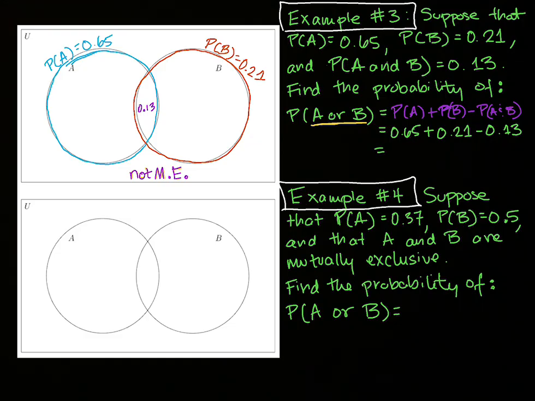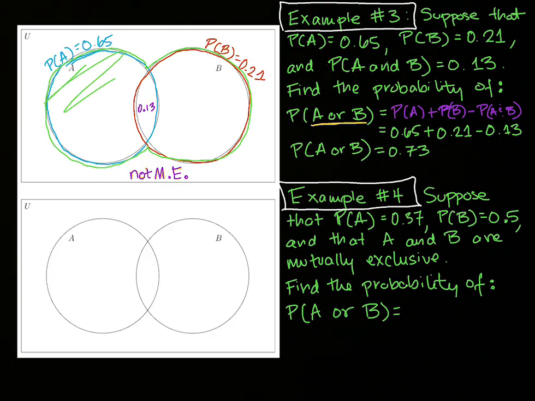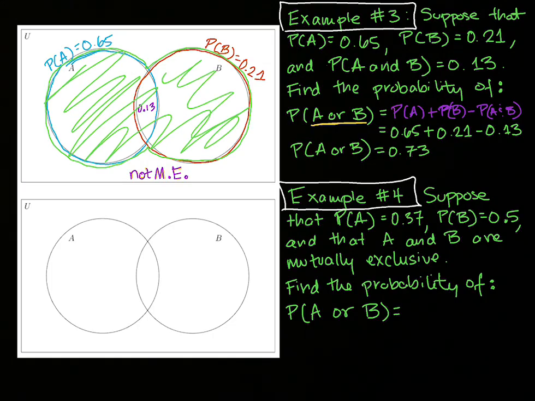And so I get 0.73. So the probability of A or B for this one is 0.73. So that's everything that's in one circle or the other. Right, so this is what we're looking for, everything here.